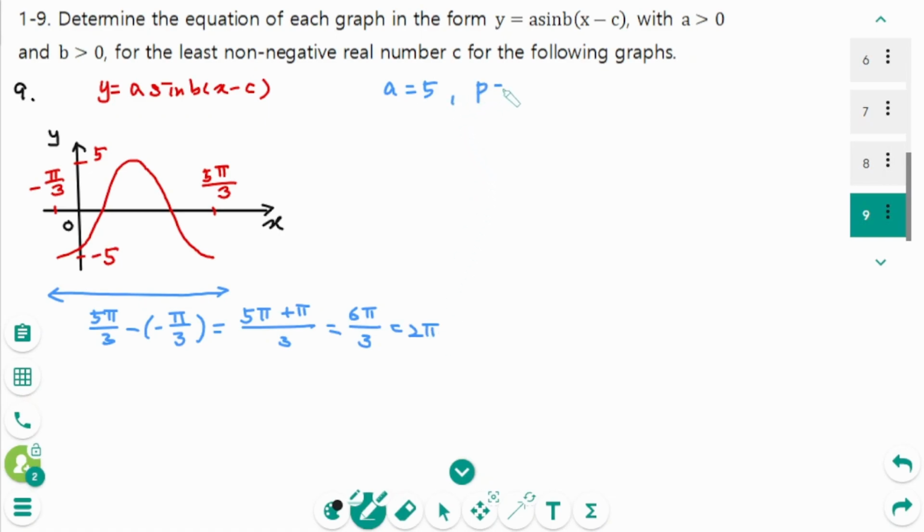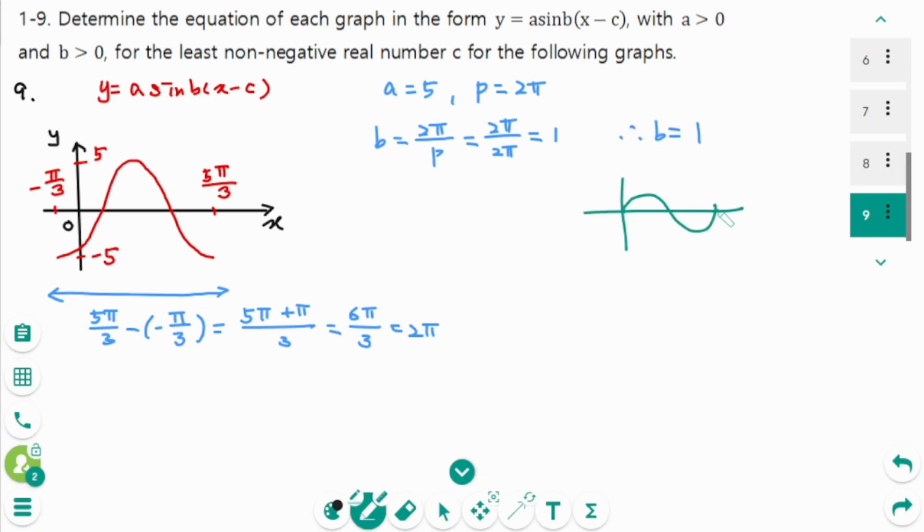Then the period is 2 pi. Then use the formula b equals 2 pi over p. Then 2 pi over p, with p equal to 2 pi, equals 1. Then b equals 1.